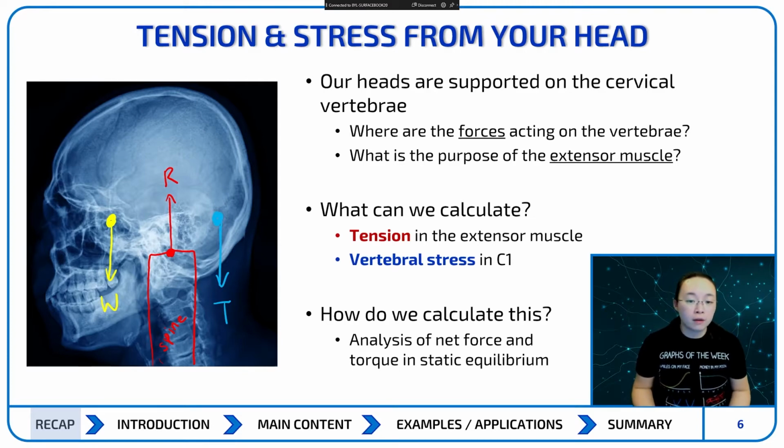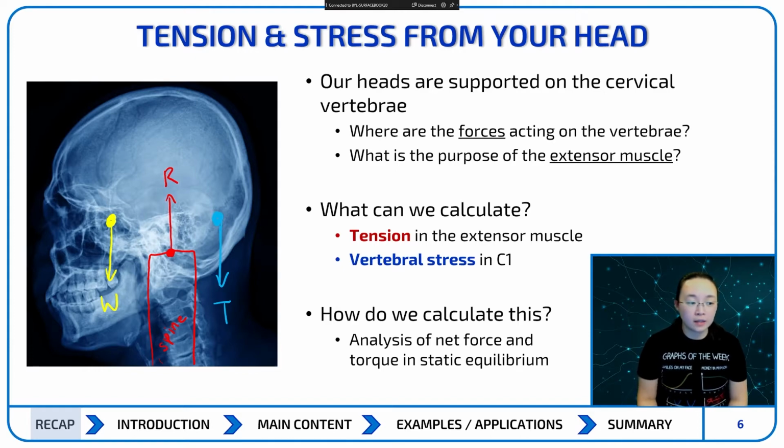So what are the few things that we can calculate? Number one, we're able to calculate the tension in the extensor muscle. So you can apply that knowledge to other parts of your body as well. For example, if you're holding something on your arm and trying to see how much tension your muscles in your arm are going through, then you can calculate that too using the same method.